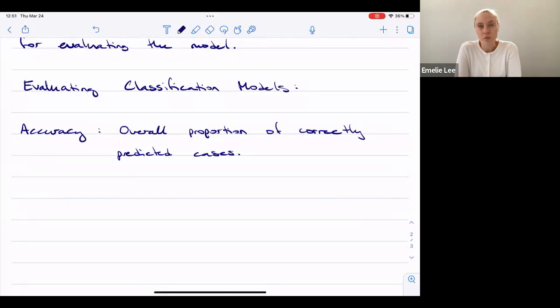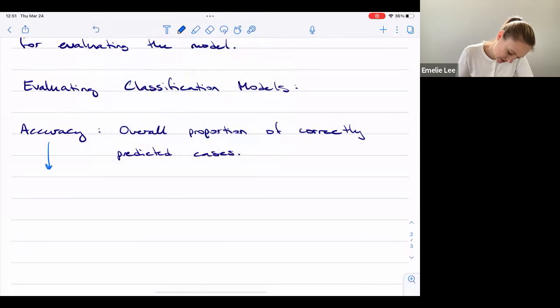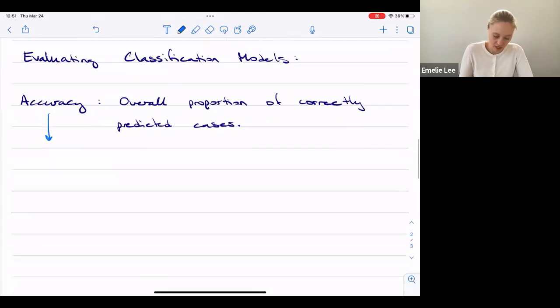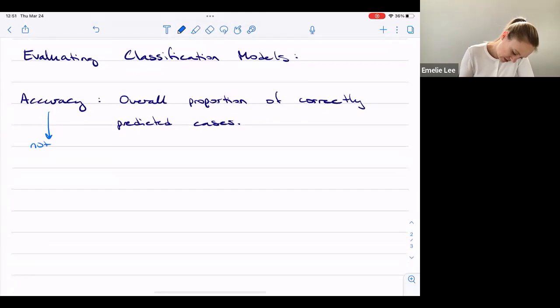It's pretty boring, and it doesn't really tell us anything about our model. So the accuracy itself is something we can talk about, but it's not very useful.